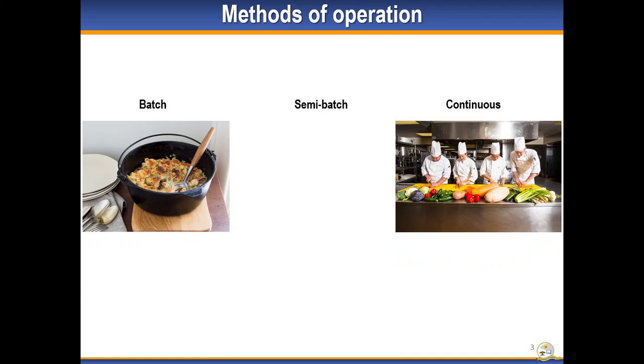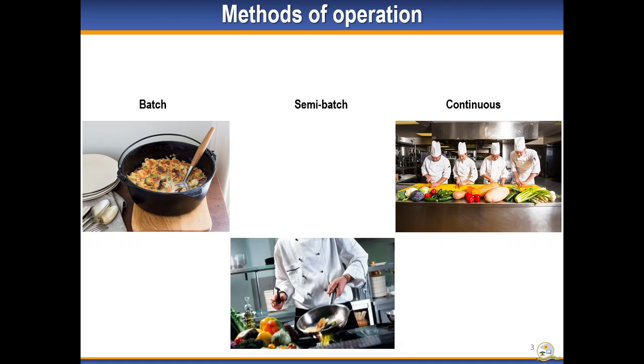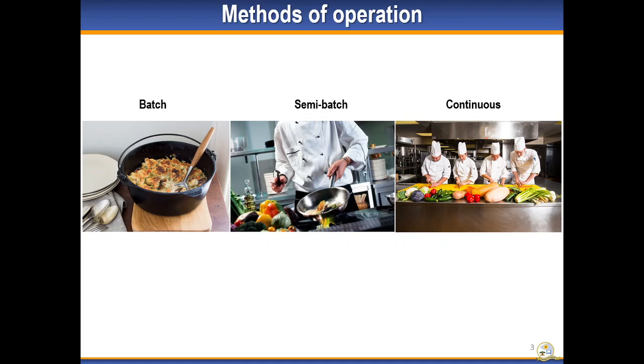In continuous mode, both the inlet and the outlet are open, as well as a semi-batch mode where the inlet is open but the outlet is closed. In each case, you're dealing with the volume, quantity, and the rate of the reaction.